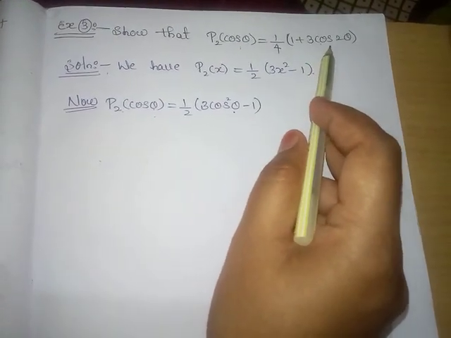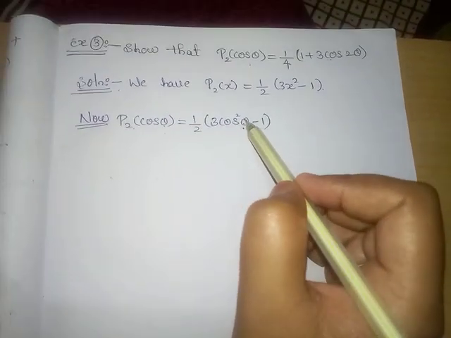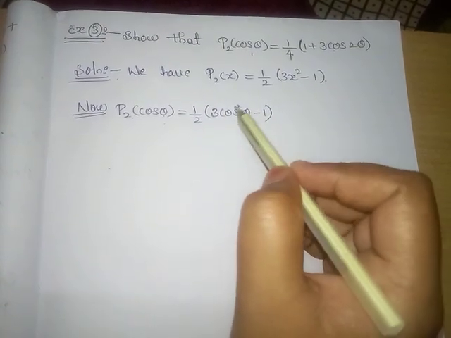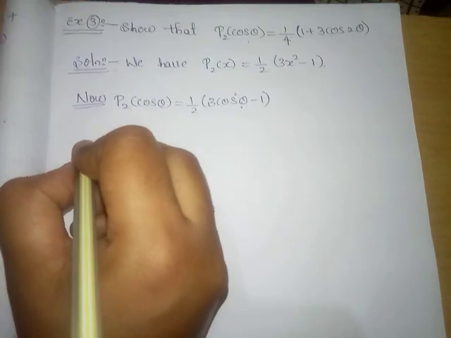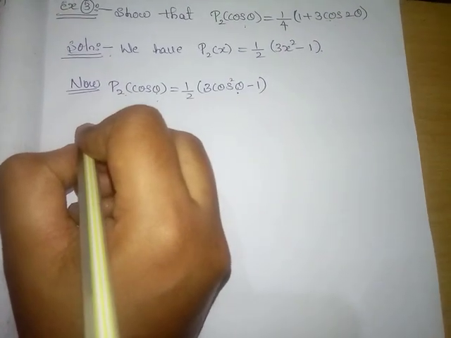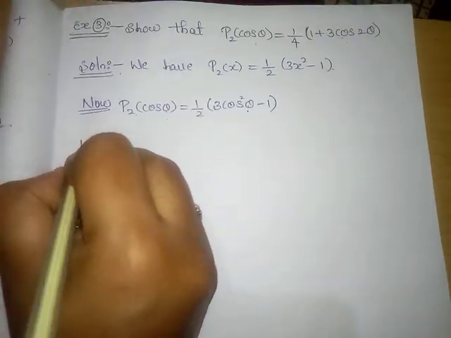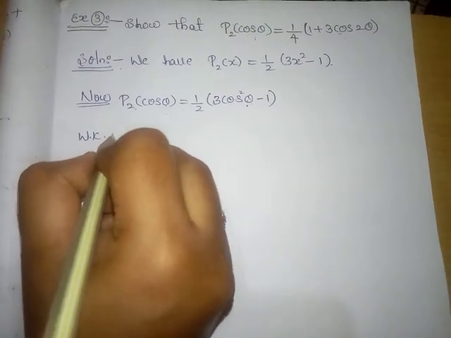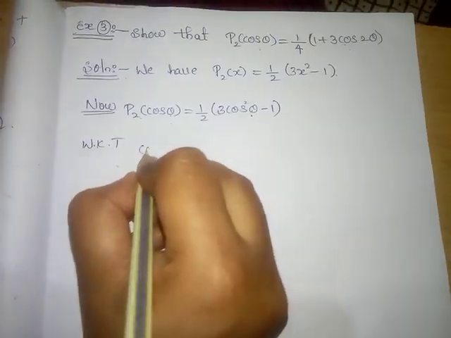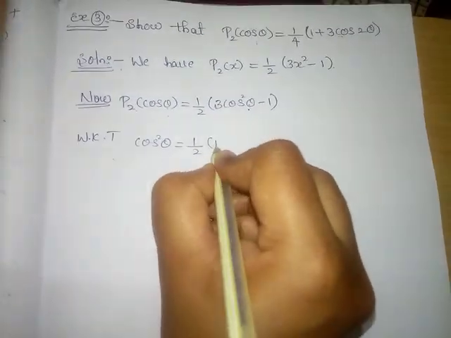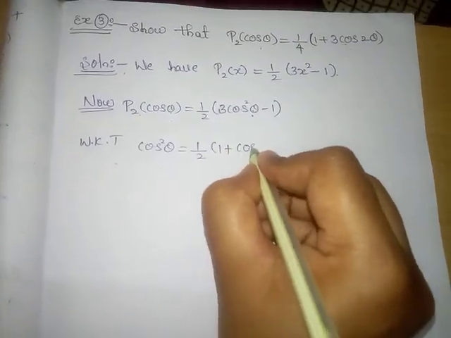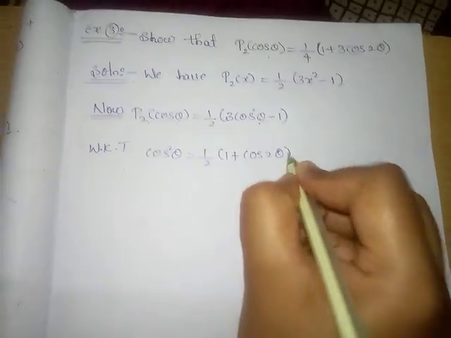In LHS we don't have any cos square term, so first our work is we have to avoid this cos square theta, right? From the trigonometric results we know that cos square theta can be written as half into 1 plus cos 2 theta, right?